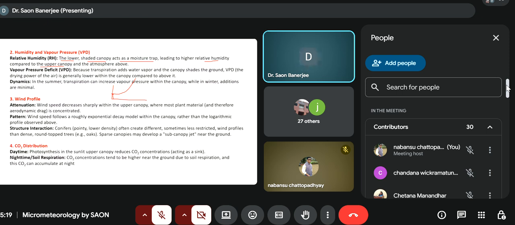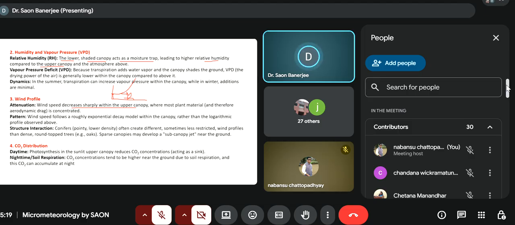So wind speed decreases sharply within the upper canopy. Within the canopy, wind speed decreases and it is almost zero near the soil.